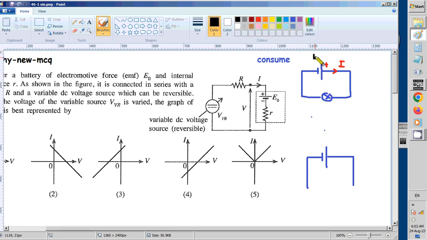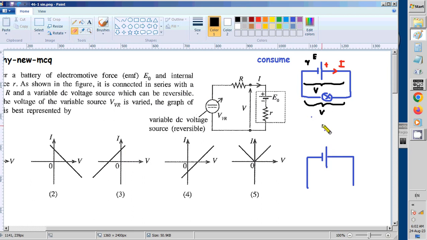So the electromotive force is E, internal resistance simple r. Then there is a voltage between these terminals, and the same we get across the bulb or the load, whatever it is. So this voltage is always smaller than this electromotive force.